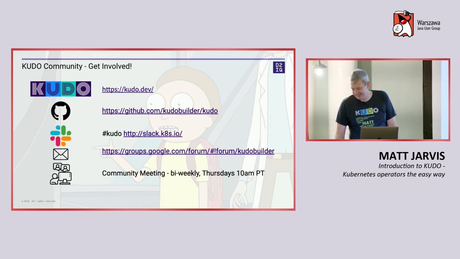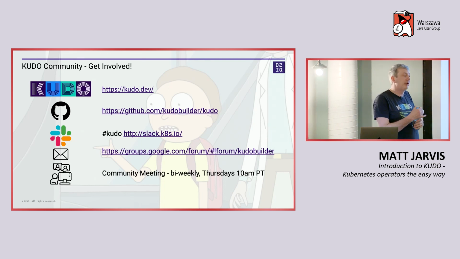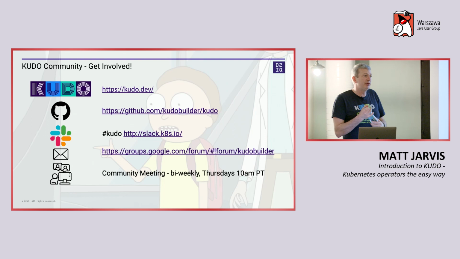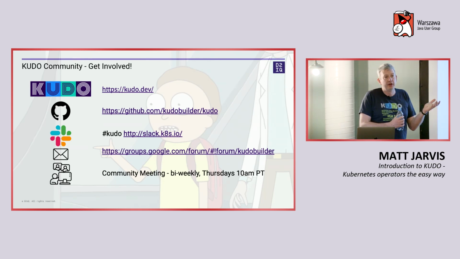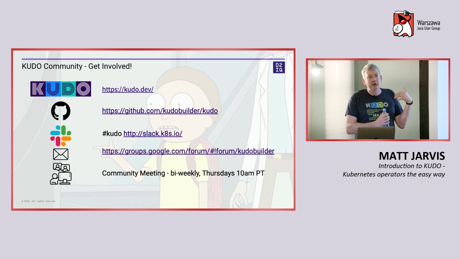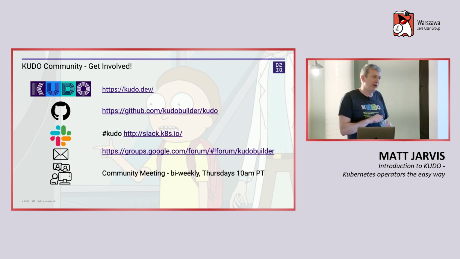Are there any not open source operators already implemented and used in production? Do you know if maybe some companies are using them? Yeah. So yes. If you look at the KUDO Slack channel or the mailing list, in terms of ones that are out there, the OpenEBS operator is written with KUDO, but I know there are folks from companies like Salesforce, for example, who are using it internally, and a bunch of other folk.